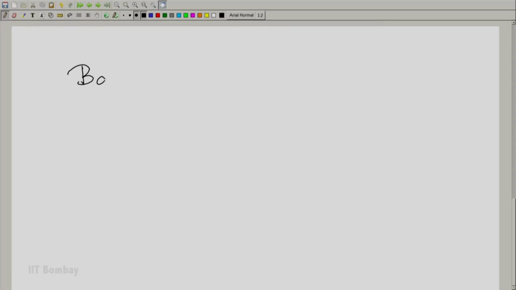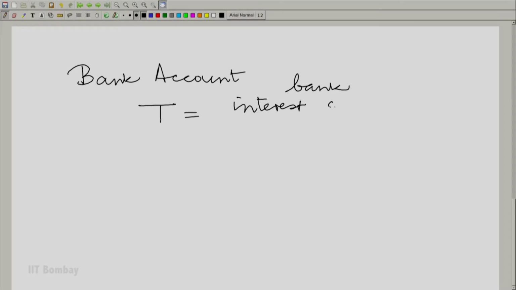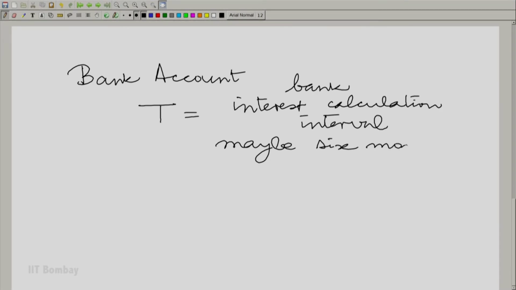So, let us take for example a simple bank account, and here we shall use T to be the interest calculation period, bank interest calculation period or calculation interval. So, maybe 6 months, that is often one norm adopted, or it could be 1 year, whatever.